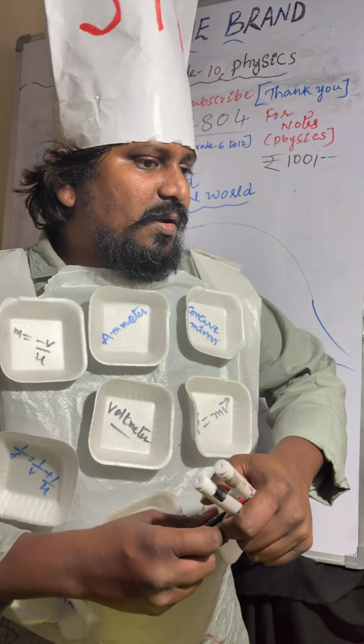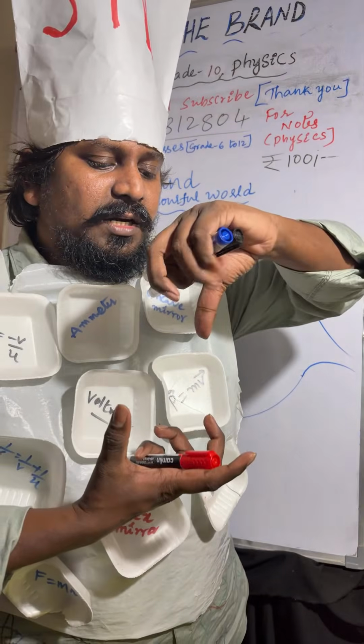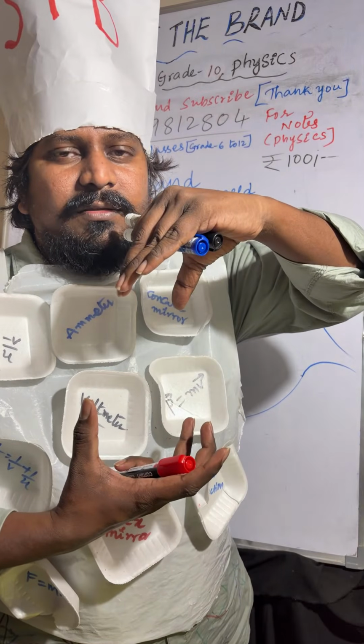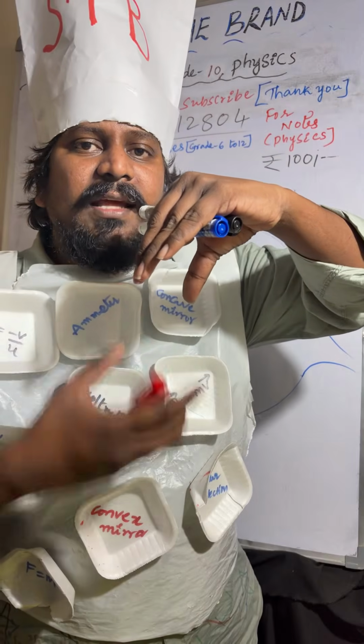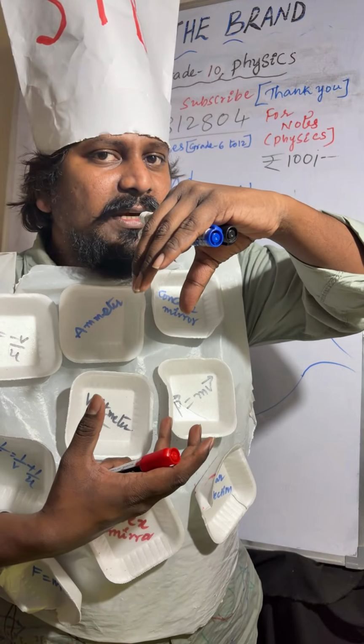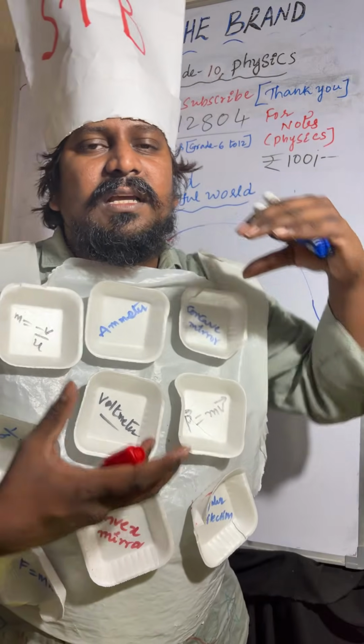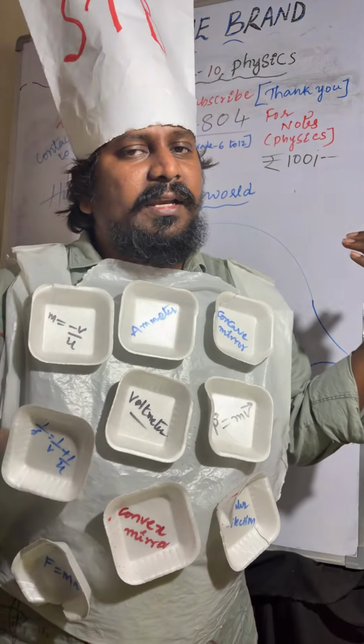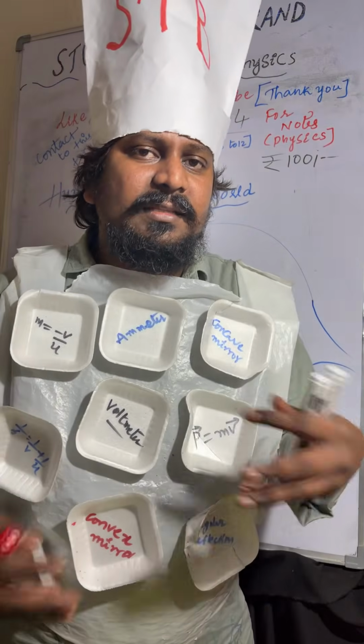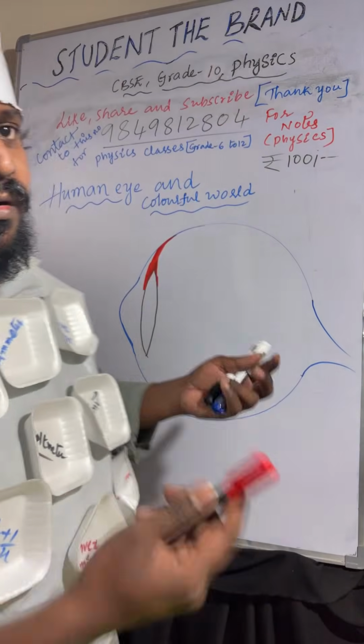In the middle will be the lens: the crystalline lens, eye lens or convex lens. All are the same.